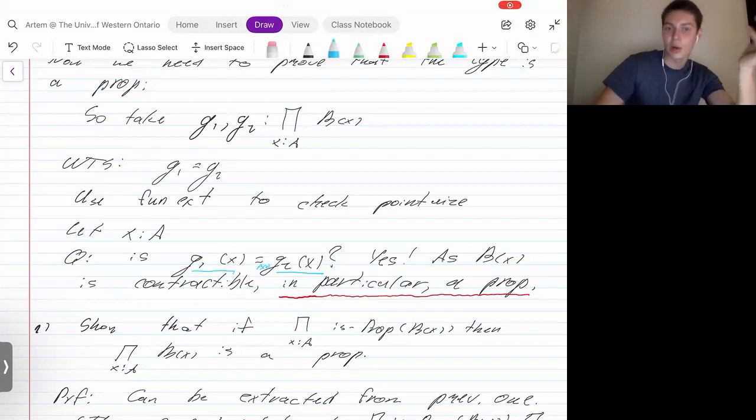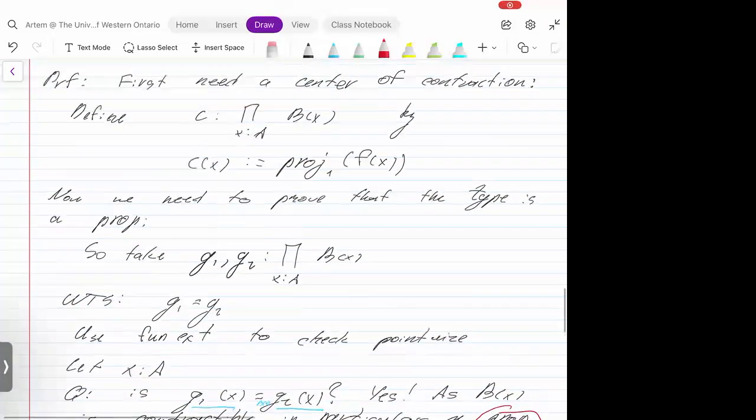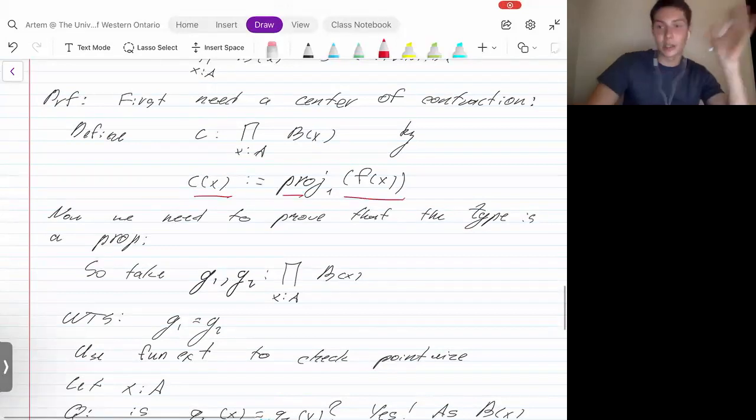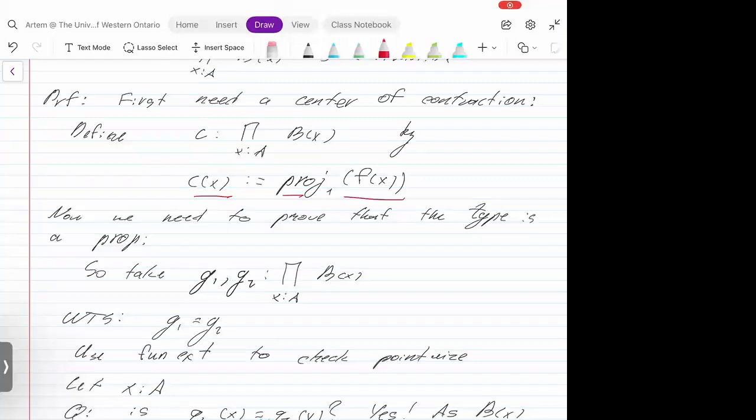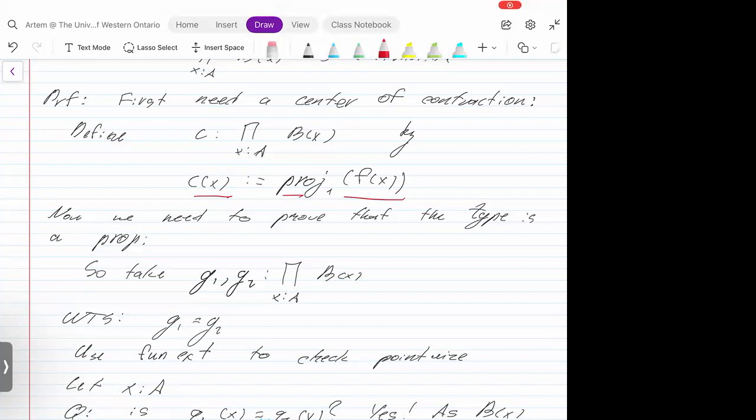That is a stronger requirement. What we're asking for is just a witness that they're equal, which is provided by the fact that it's a proposition. We don't even need contractibility for this. We needed contractibility only to find an actual center of contraction. Without that, we would not be able to find a center. Okay, thank you.